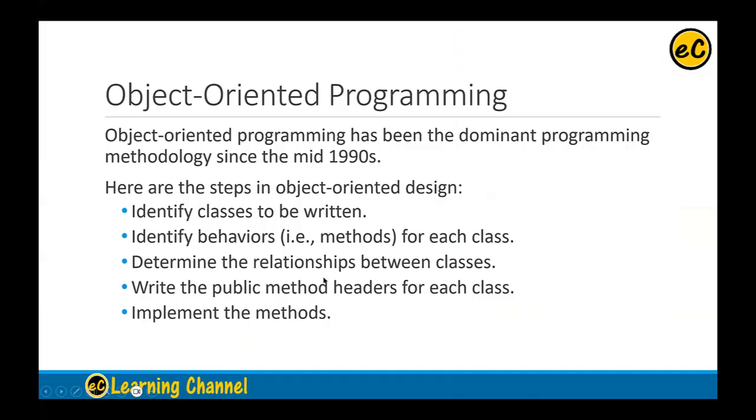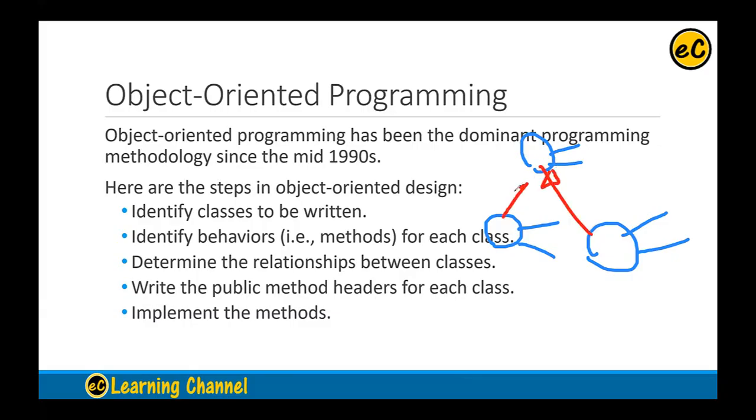Okay, object-oriented programming design, you first identify the classes, what classes are needed, and then identify the behavior, what functions are needed for each class. And then you describe the is-a relationship among the classes. Okay, and then you write a public method header for each class, and then you implement each function. Okay, this is the flow to do object-oriented programming.